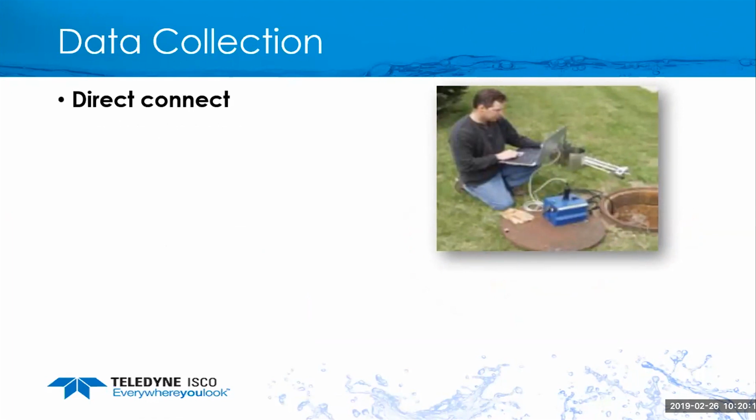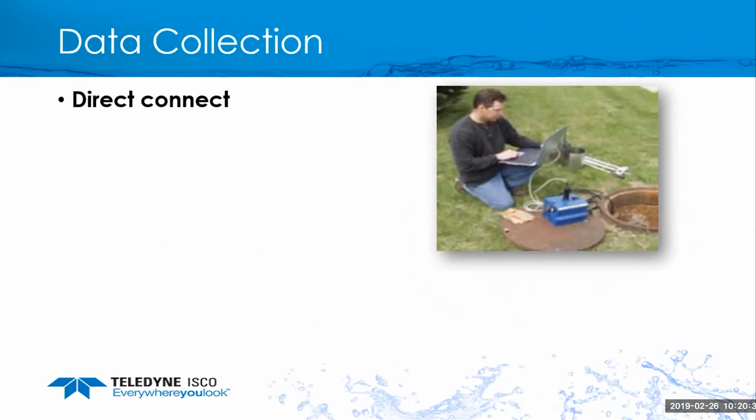Now that we've looked at different types of flow meters and how we're reading the data, we need to collect the data. One way to do it is direct connect. One of the things you want to consider is how easy it is to get to that application. If this is in the middle of a busy intersection, direct connection may not be the way to go.